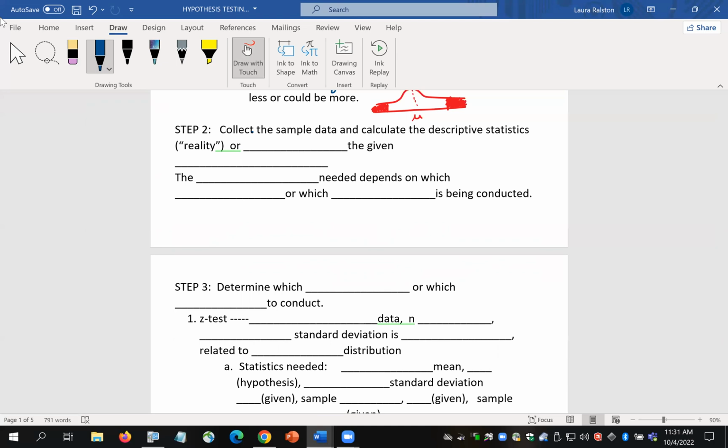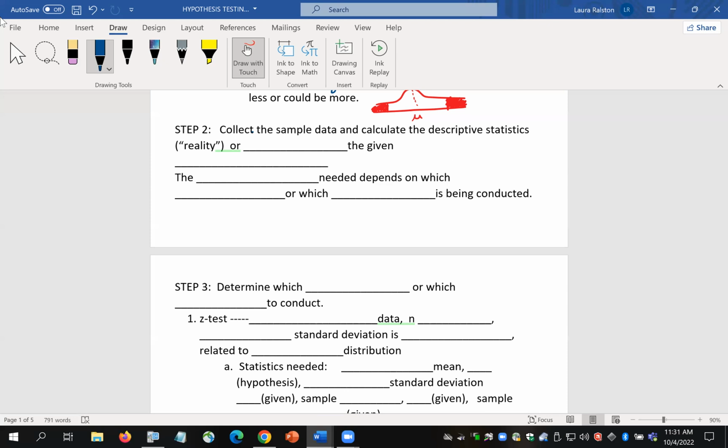If I'm conducting research and I've asked the question like, what is the average age of a GHC student in fall 2022? and I propose my answer, maybe I say, well, I think the average age is 23. Well, then I'm going to go out and collect sample data. Now, again, I want to make sure that I use an appropriate sampling technique that we talked about earlier in the semester.